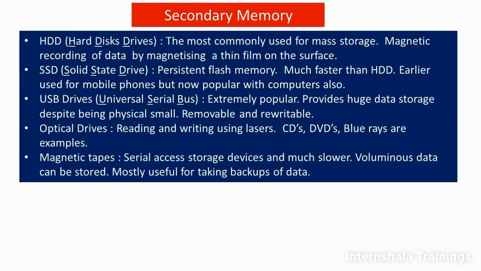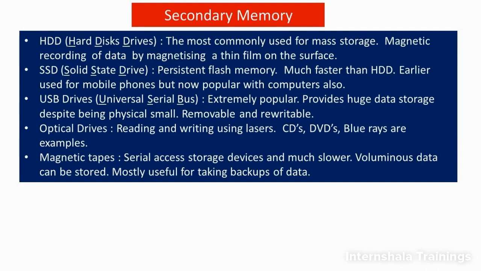First, you will have to pass through the first 9 records. So the access is in a serial manner, and naturally their speed is slower. But they can store voluminous data as compared to other secondary storage devices.